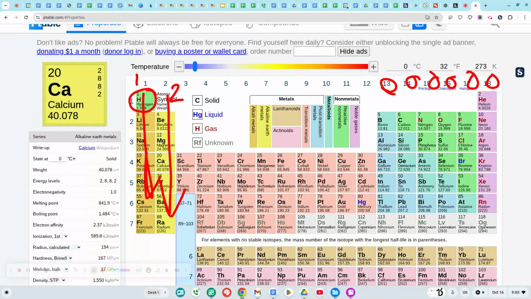Now, when we were writing our electron configurations, we had 1s1 for hydrogen. For lithium, it was 1s2, 2s1. For sodium, it would be 1s2, 2s2, 2p6, 3s1.